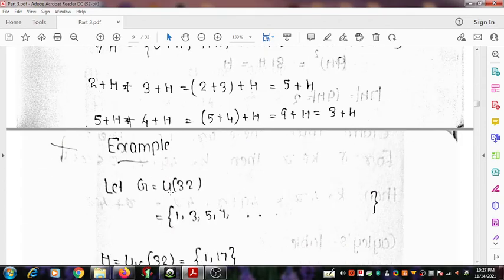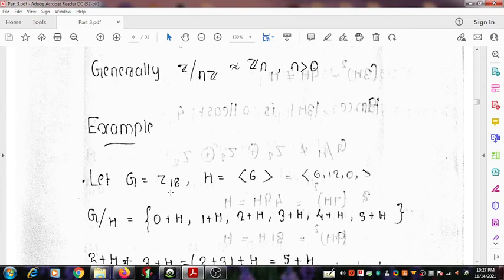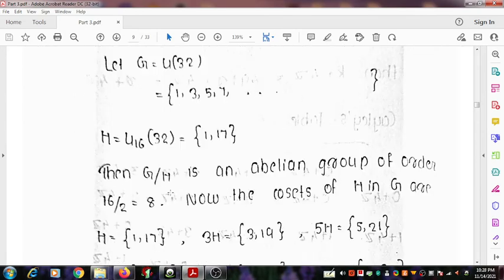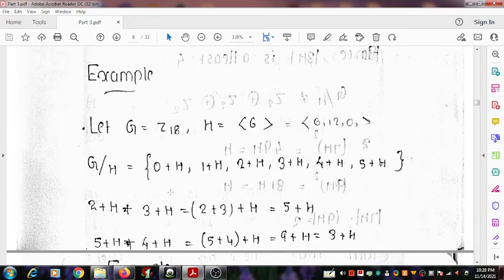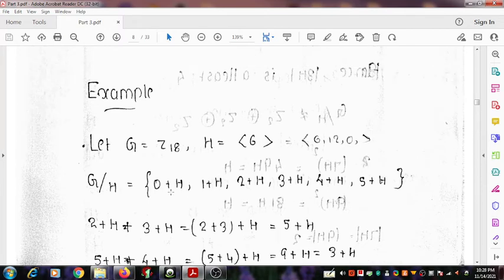Okay, we have one more example here, and that example is about Z18. We take Z18 as the given group G, and we require a normal subgroup.